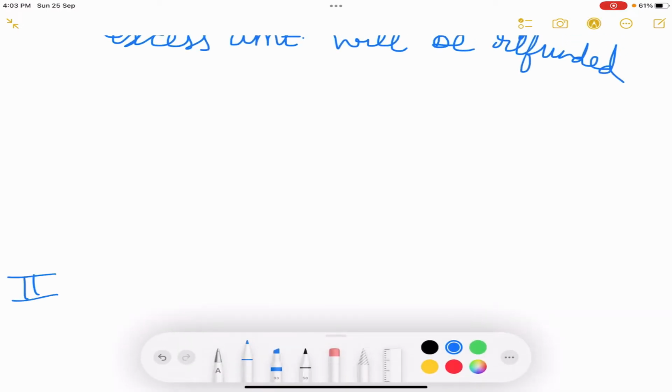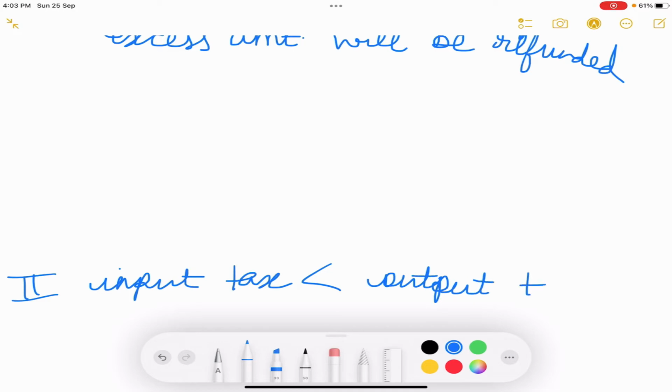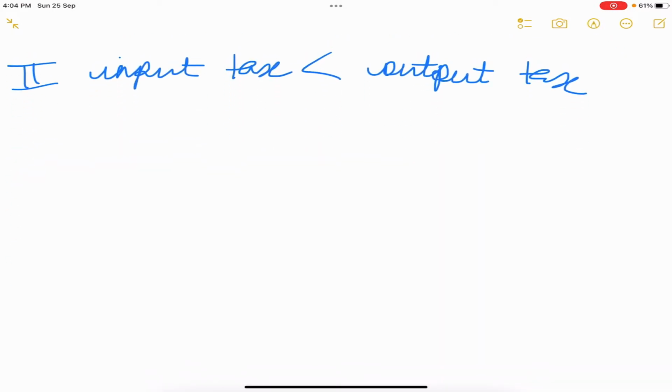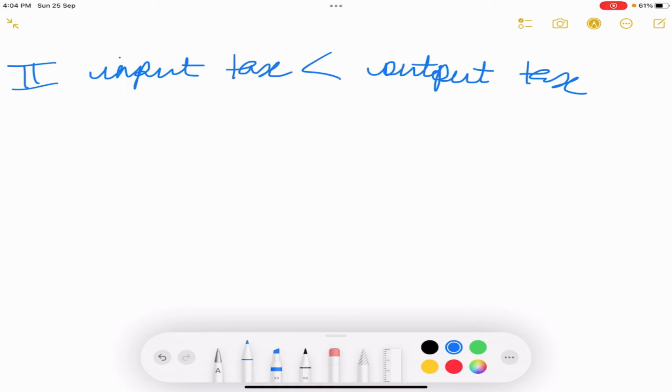The other case is when the input tax which you have paid is less than the output tax, which means this is your due amount, output tax. So you have to pay more because the amount which you have already paid, the input tax, is not sufficient, which means that you have paid less.